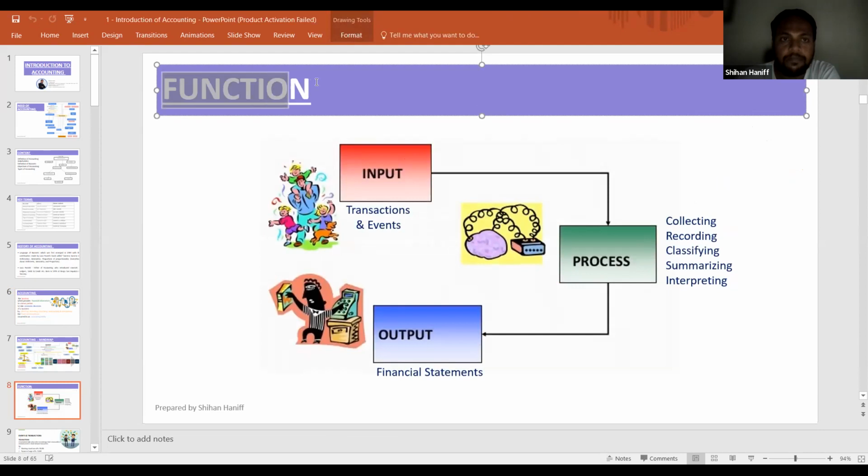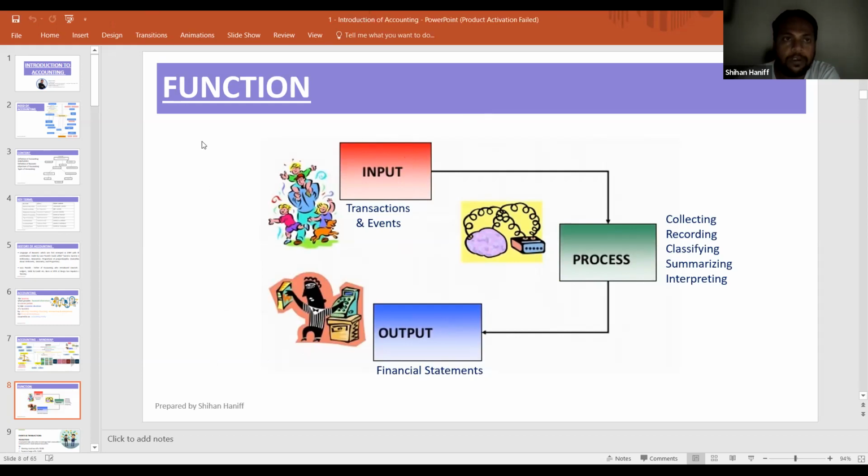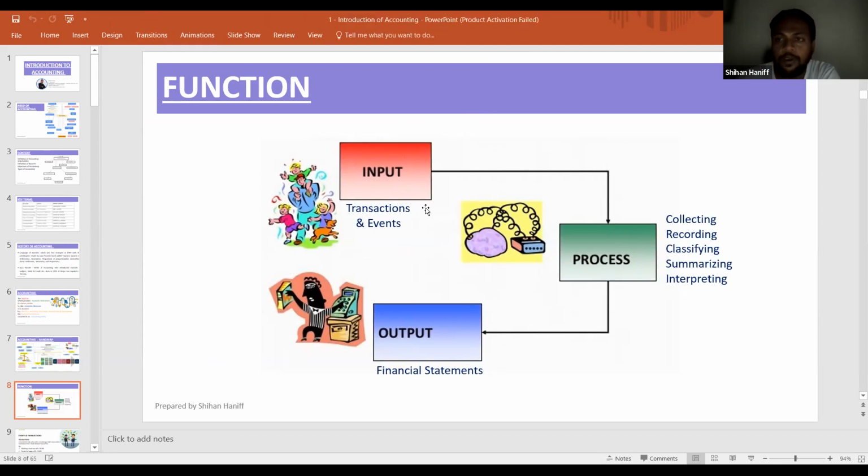A function means it has an input, a process, and an output. So what is the input of accounting? They might ask you this.